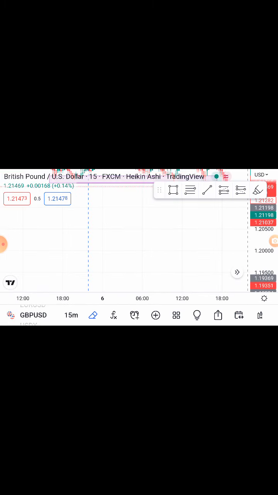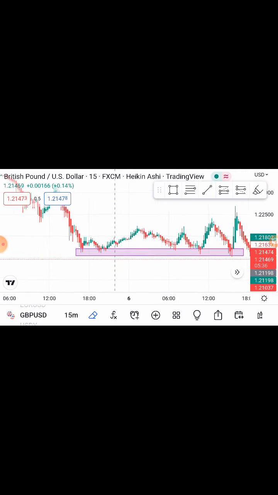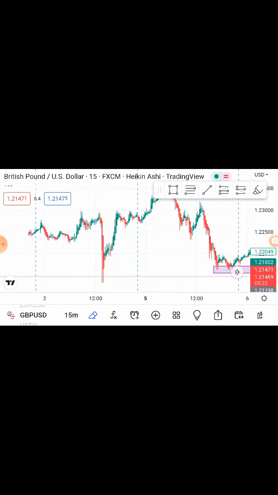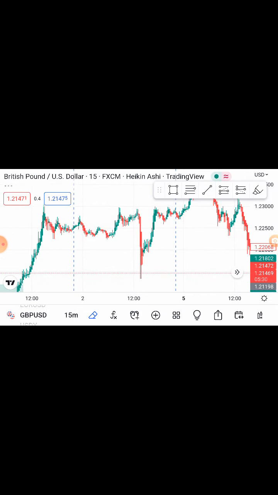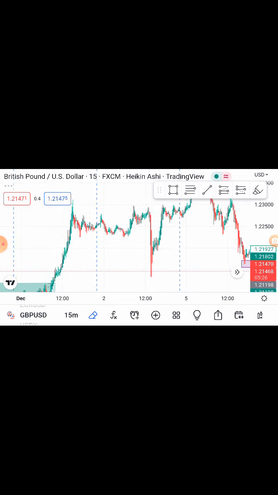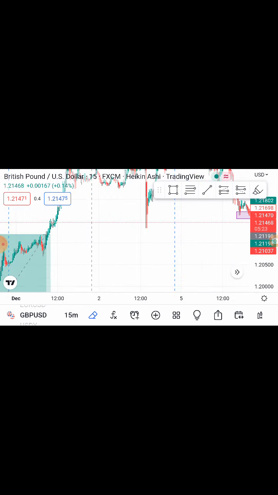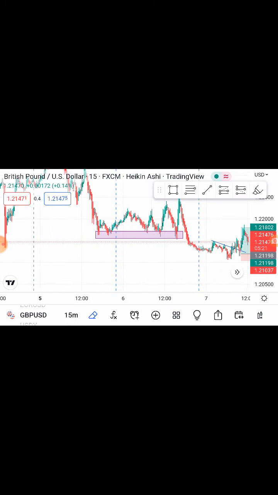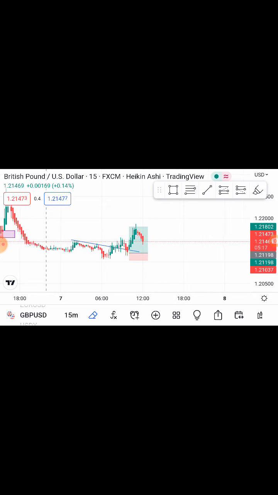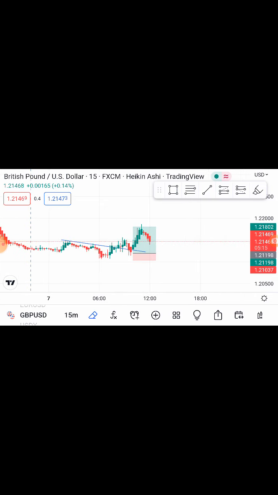You can go back and see possible places where you can identify a trend line break and retest. I can give you lots of other examples, but that is left for you to do. Go into your TradingView and try to backtest. So this is one way you would have made profit from this market.